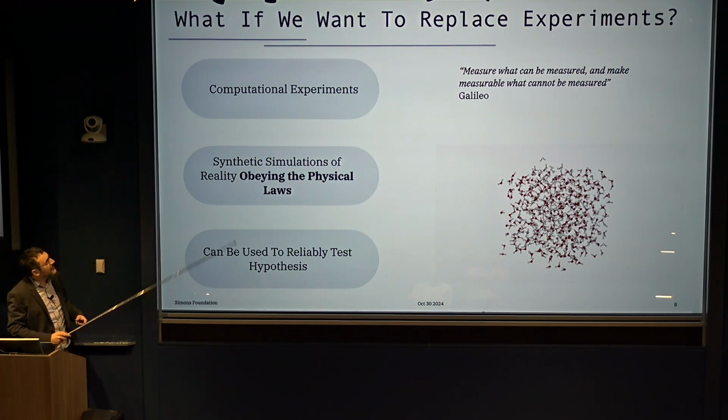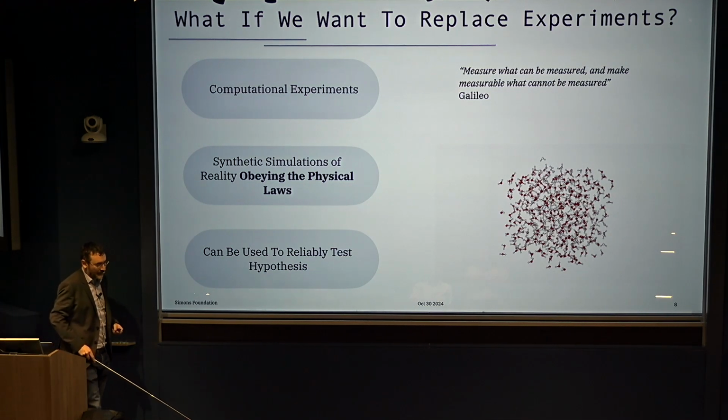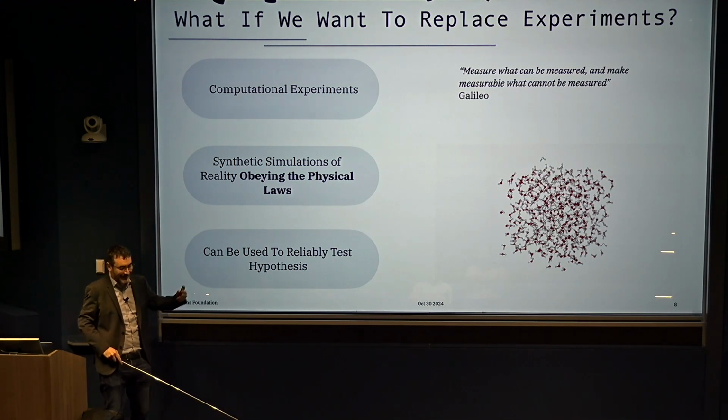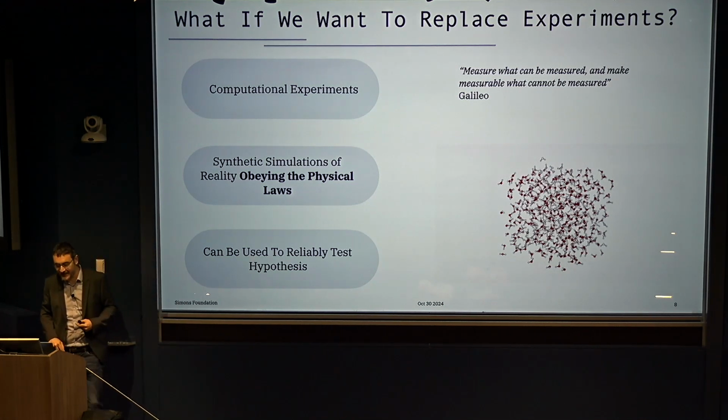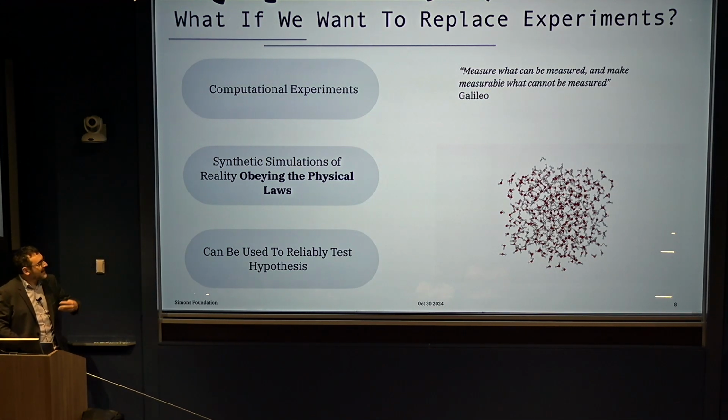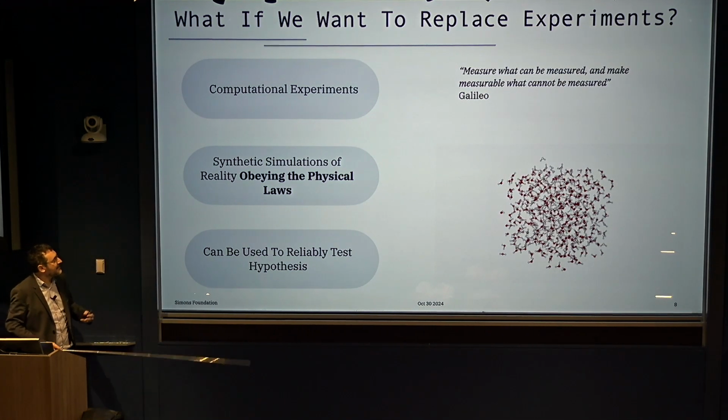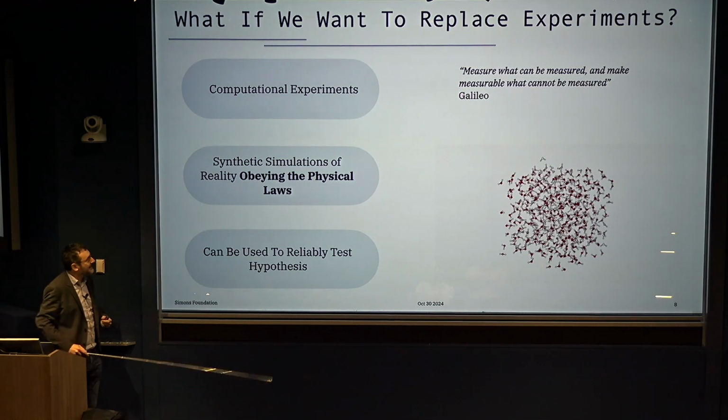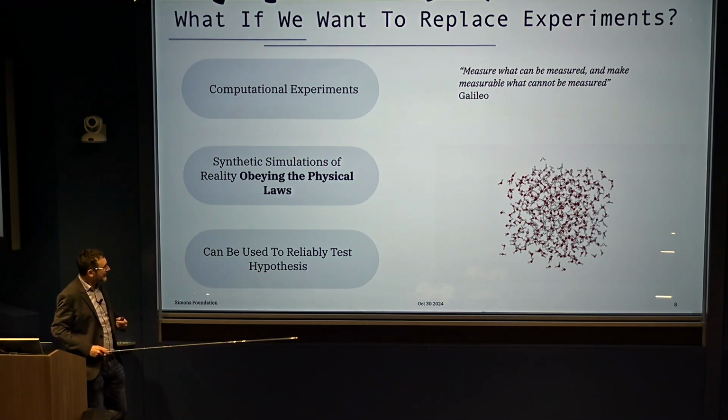So in this sense, we already have a substitution, a slight modification of the original scientific method, a la Galileo, if you want, or even before Galileo, with a synthetic step where, in some cases, we can substitute reality with a synthetic version of it.